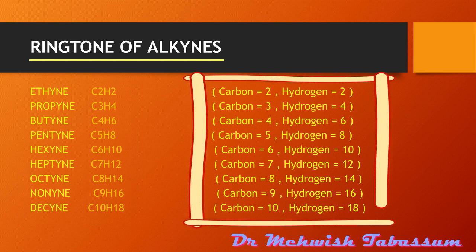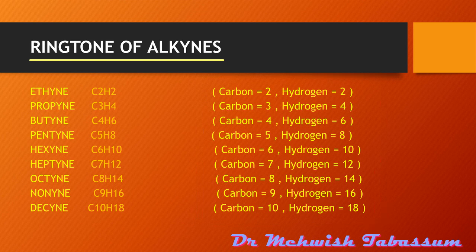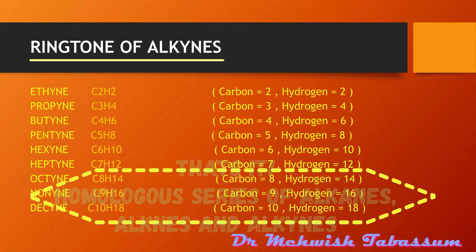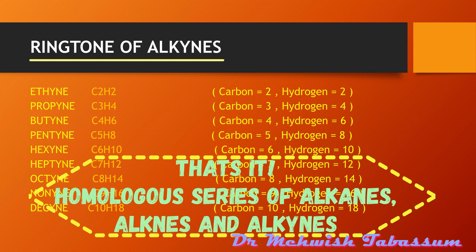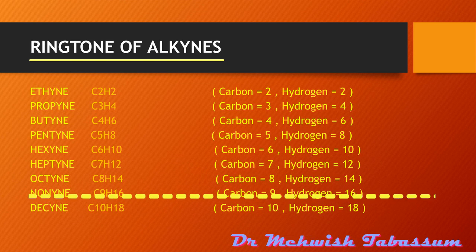Ethane has 2 carbons, propane has 3, butane has 4, pentane has 5, and hexane has 6 carbons. Heptane has 7, octane has 8, nonane has 9, and decane has 10 carbons. That is all about the family, the homologous series of alkane, alkene, and alkyne.